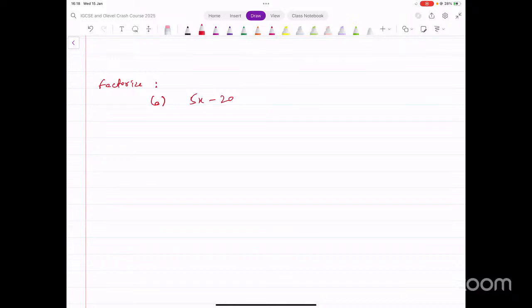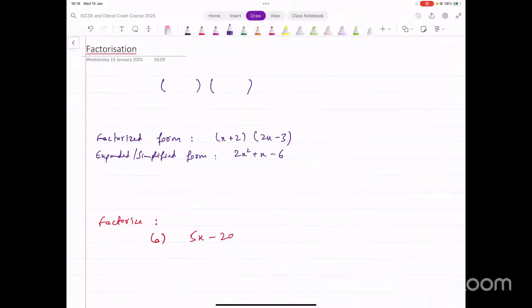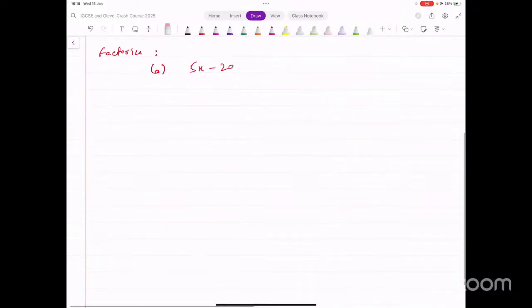Okay, we want to factorize this. Now, what does that mean? 5x minus 20, this is a simplified form, expanded form. What you want to do is write it in a way that you have two things multiplying like this. Now, the way to do it is we think of if there's anything that we can take as a factor here, take as common here, right? Can we take anything common from 5x and minus 20? We can take 5 common, right?